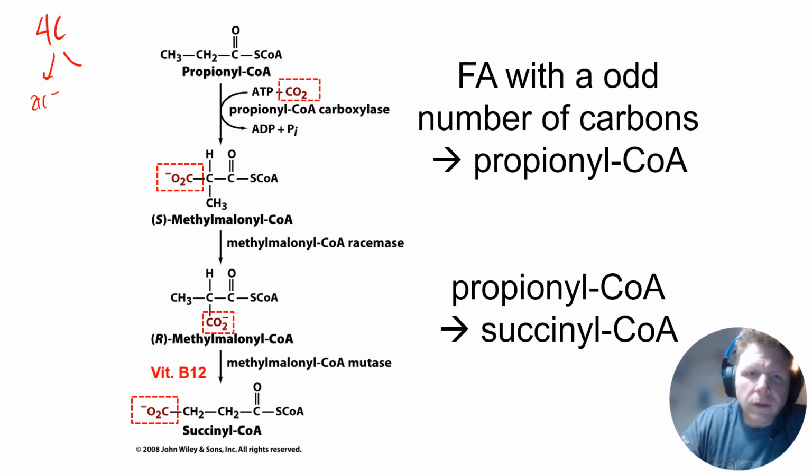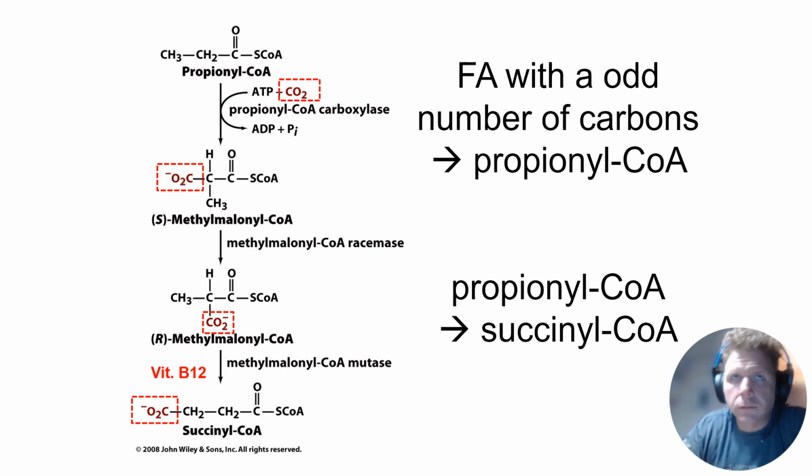Now, with that in mind, every even numbered carbon fatty acid will ultimately get down to 4 carbons long. Similarly, every odd numbered fatty acid will eventually get down to a 3 carbon long fatty acid.